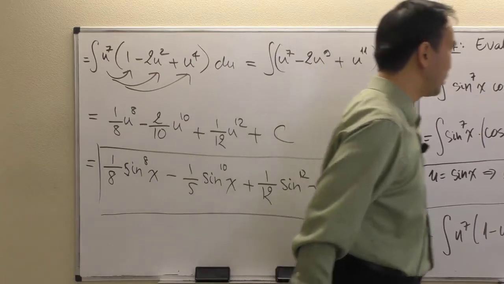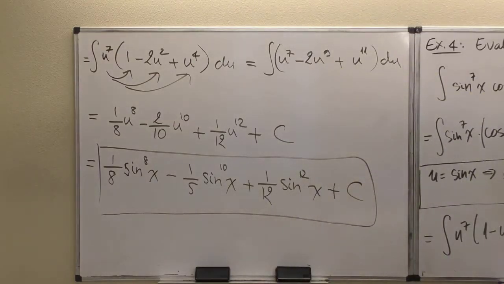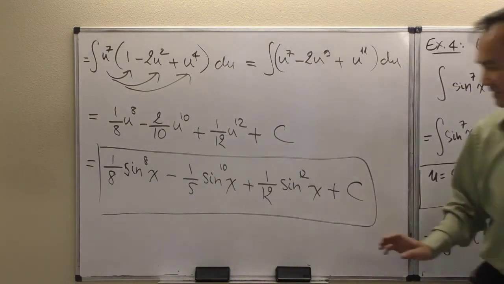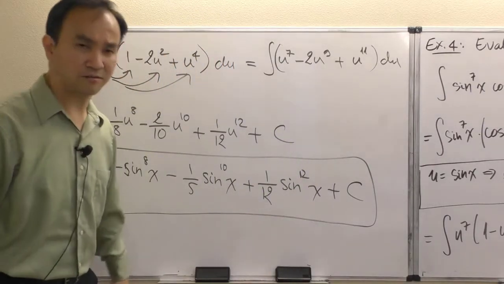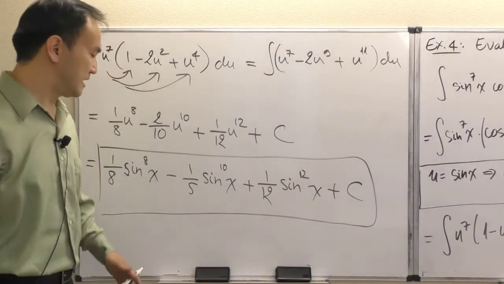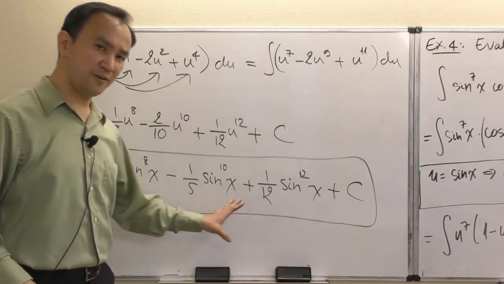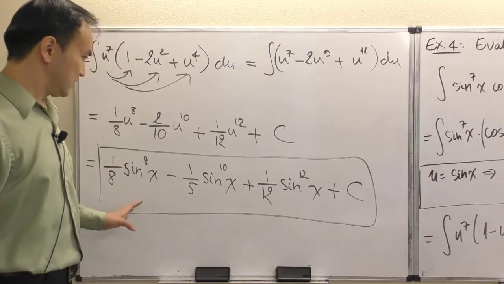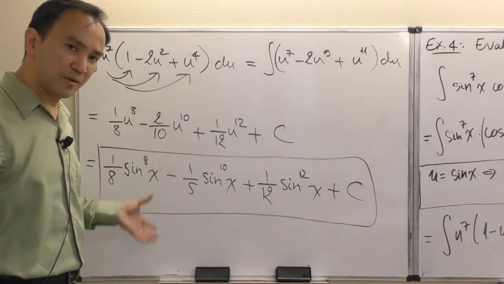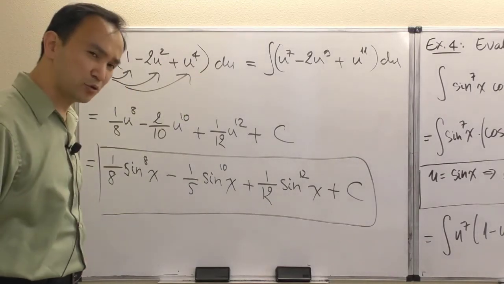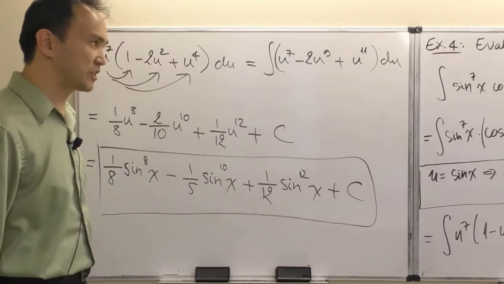All right, so this is the final answer. As long as we're getting a final answer, it wasn't a challenging problem at all. But notice the way the final answer looked, and combine this with the experience we had back in example 3 earlier, before I brought up that generalization.